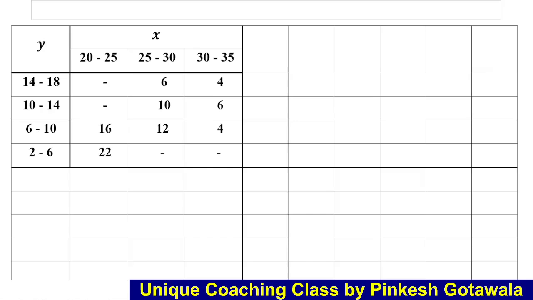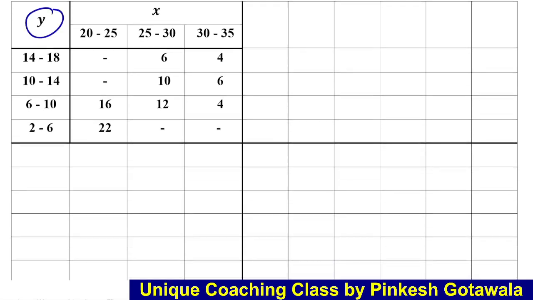So now let's prepare our columns. Here y is given, so we have to find out first of all its frequency, then its mid value, that is called yi. Next columns which we are going to prepare: here y, so v is present, then v, fv, v square fv and fuv.